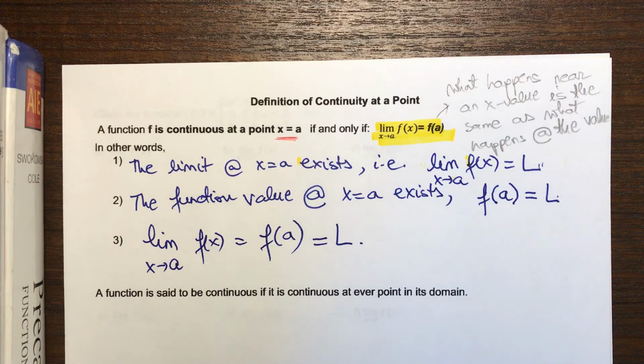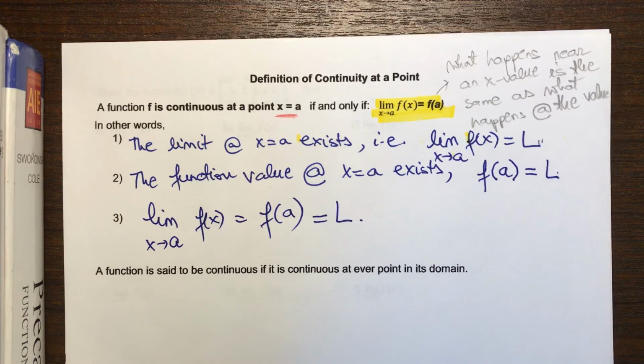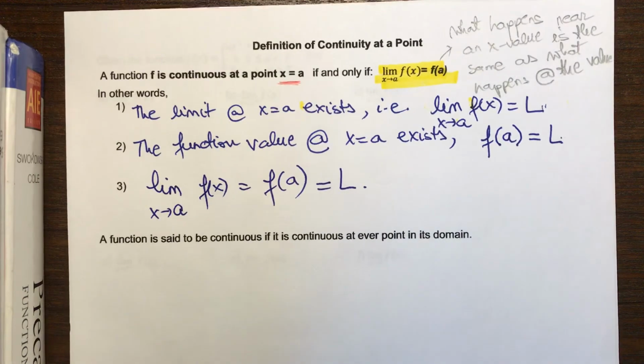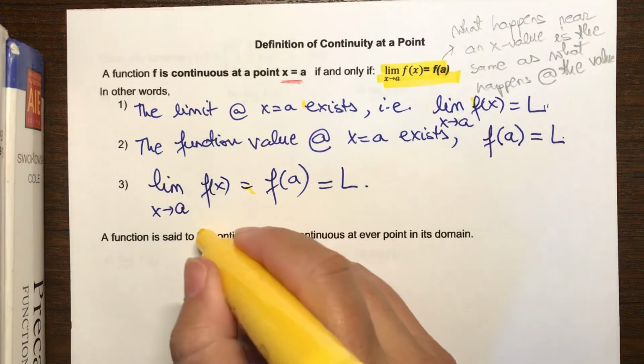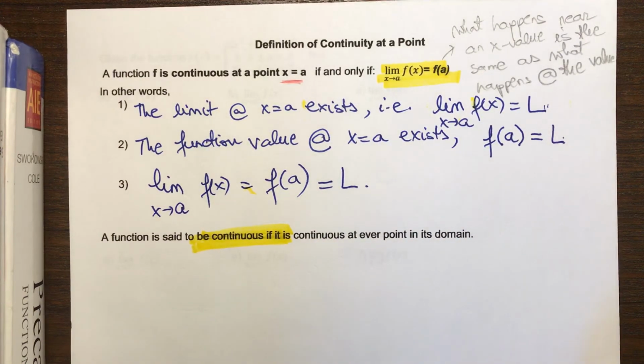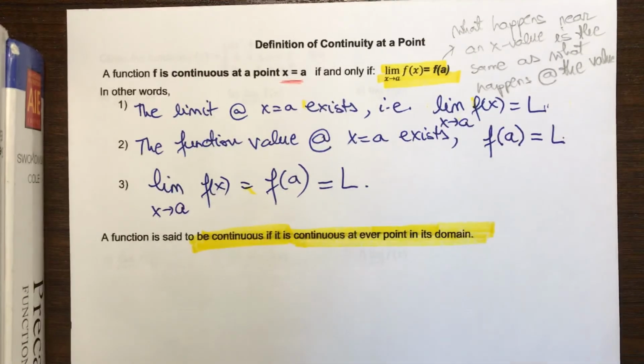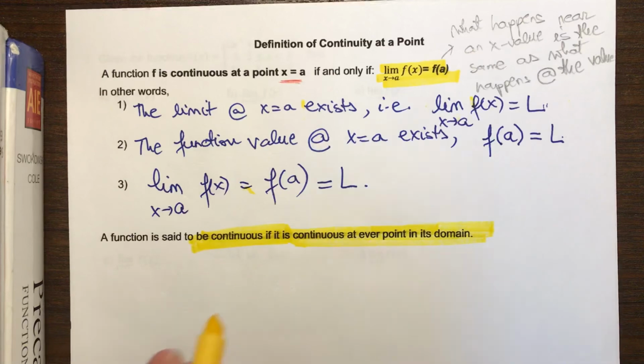All right, so just to recap this, and then we will continue. We'll do a couple more examples. A function is said to be continuous, period, on its whole domain if it's continuous at every point in its domain. So continuous means nowhere throughout have you had a hole or a gap.